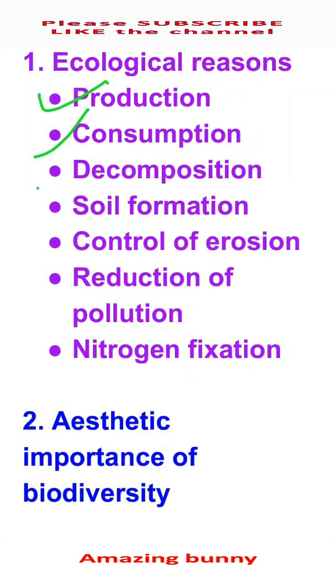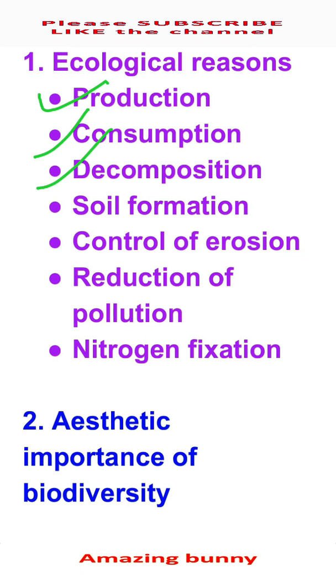Next is decomposition. You know that all microorganisms or saprophytes are decomposers. They decompose dead plants and animals, and return the nutrients back to the soil. They degrade the dead plants and animals and return the nutrients present in them back to the soil.